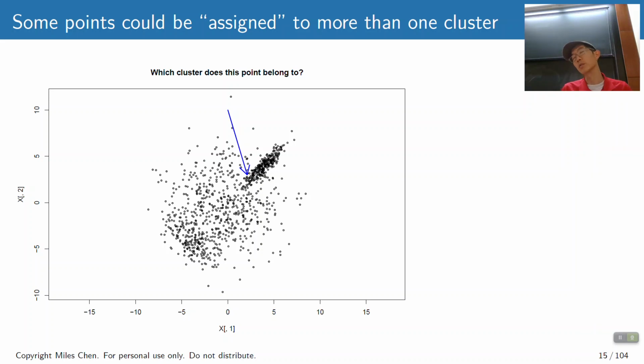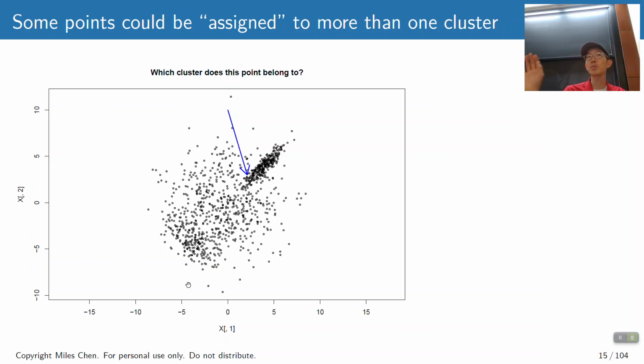The difference with the EM algorithm is that rather than saying this point belongs to cluster 1 or cluster 2, we do a probabilistic assignment. We say this point right here could come from cluster 1, or it could come from cluster 2. I would give it 50% cluster 1, 49% cluster 2, and 1% cluster 3, or something like that.